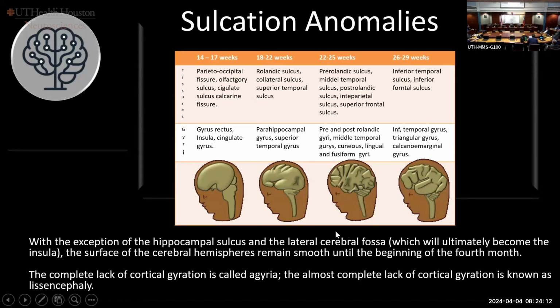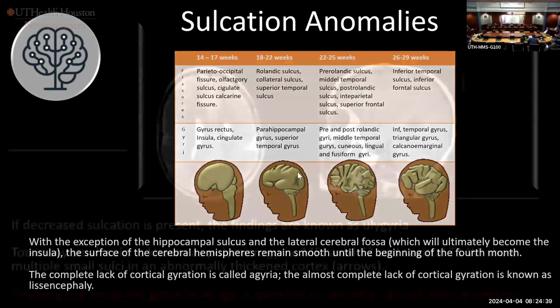Usually from 14 to 17 weeks you're going to have the parieto-occipital fissure and the olfactory sulcus, a single sulcus. There's very little sulcation that you should see in the first 17 weeks. At 22 weeks, you start seeing the Rolandic sulcus, and some of the parahippocampal gyrus and the superior temporal gyrus are going to be seen. We don't have babies born at this point, but we see this a lot when we do fetal MRIs.